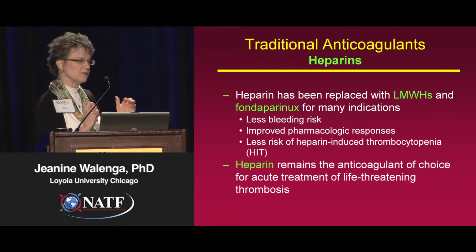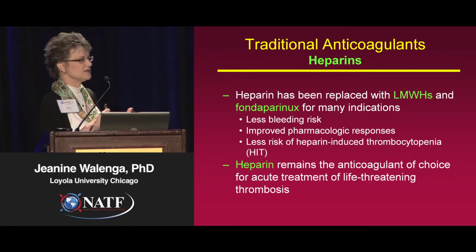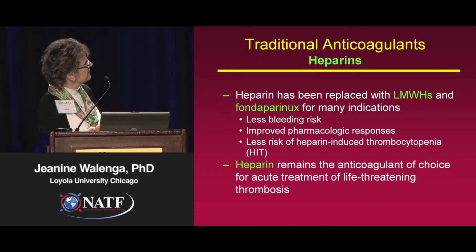And because of the different molecular weights, they have different properties that we can use them in different clinical settings. So heparin, the parent molecule, has been replaced with these low molecular weight heparins and the fondaparinux for many indications because these newer formulations have less bleeding risk, improved pharmacologic responses, less risk of heparin-induced thrombocytopenia.